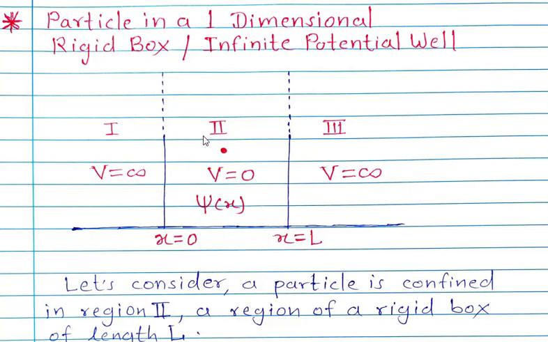Therefore, this one-dimensional box divides the space into three regions. Region 1 is of infinite potential, region 3 is again of infinite potential, and region 2 is the region of the box where the particle is present inside this one-dimensional box.